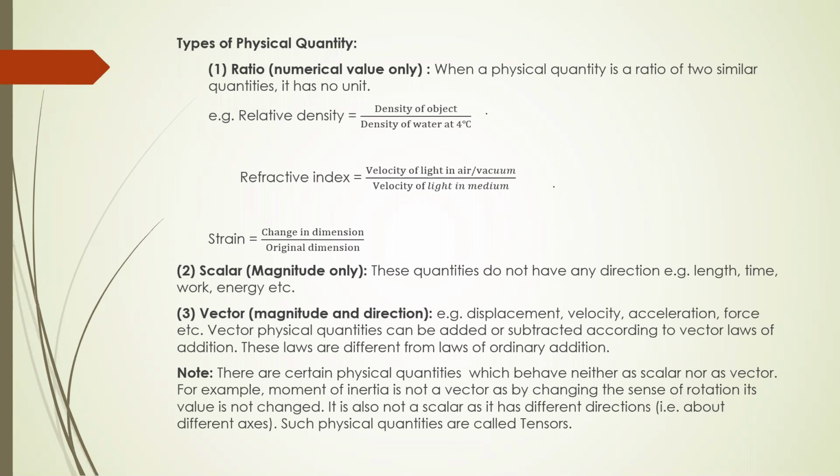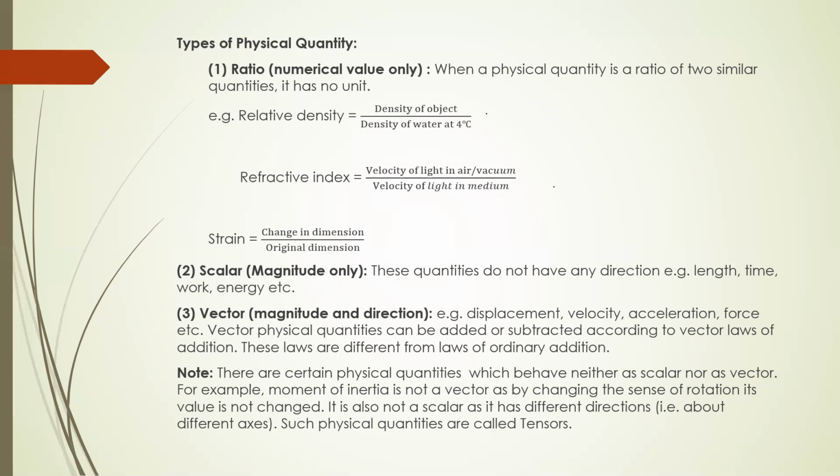Before going to these types, see here one definition we have, that is ratio, or a numerical value. Okay, when a physical quantity is a ratio of two similar quantities, it has no unit. For example, relative density is the ratio of density of object divided by density of water at 4 degrees Celsius.